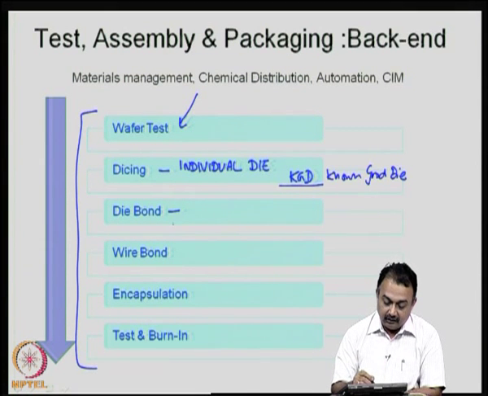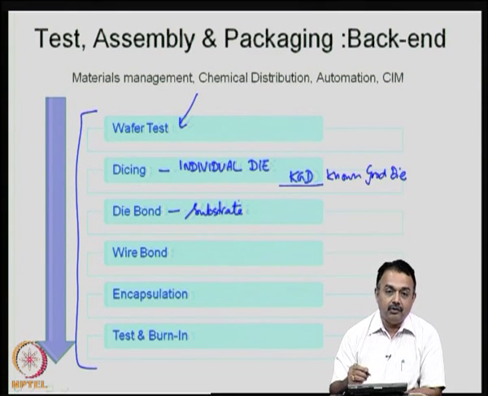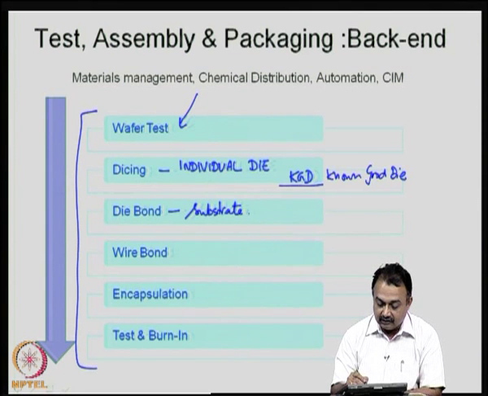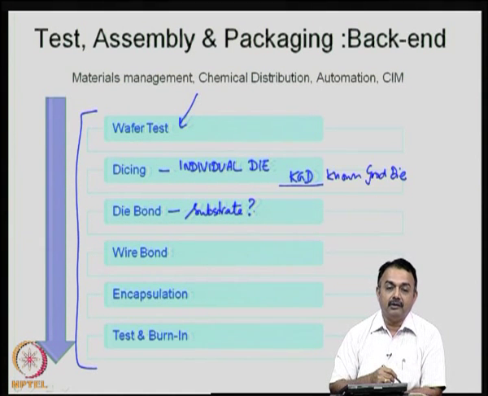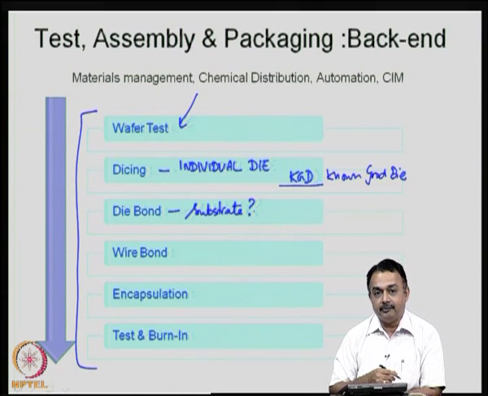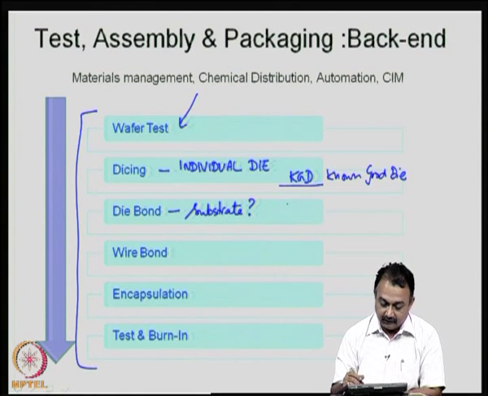Now, this will be bonded onto a substrate. So, every die, when it is about to be packaged, it requires a substrate. So, what type of substrate can we use? Is it a plastic substrate or is it a ceramic substrate? What kind of material requires to be used as a substrate?